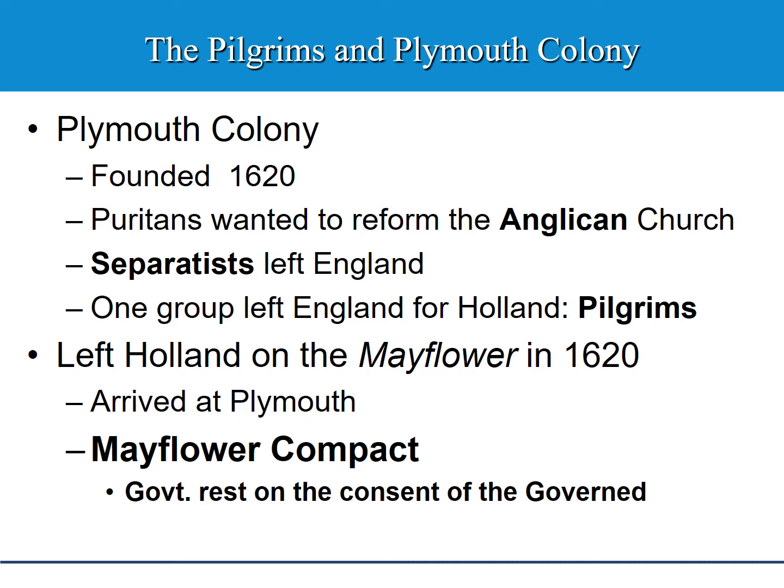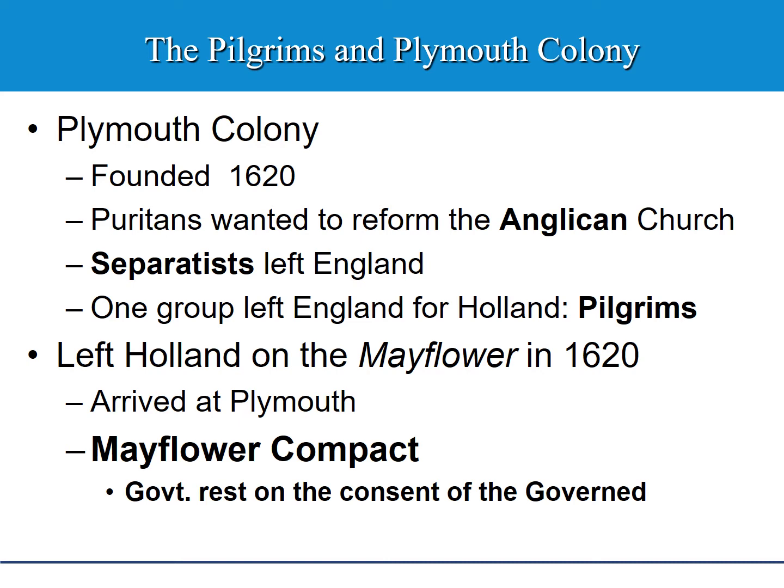But after a number of years, the Pilgrims became concerned that their children were losing their English identities, and so they petitioned the Virginia Company for the rights to build a colony in Virginia. And so the Virginia Company granted them a land grant.